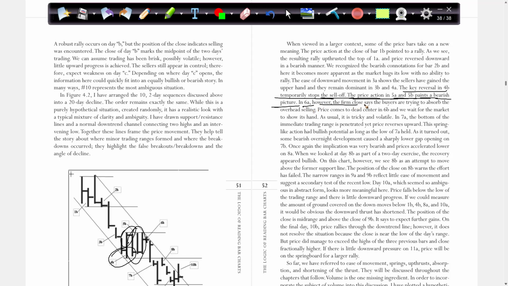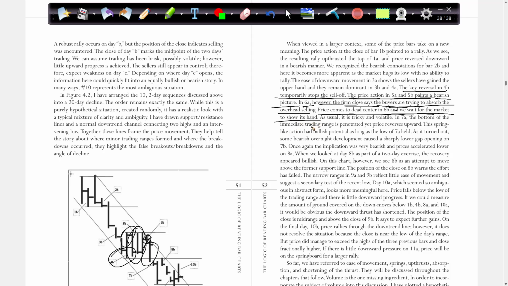In 6A, however, the firm close says the buyers are trying to absorb the overhead selling. Price comes to dead center in 6B and we wait for the market to show its hand.